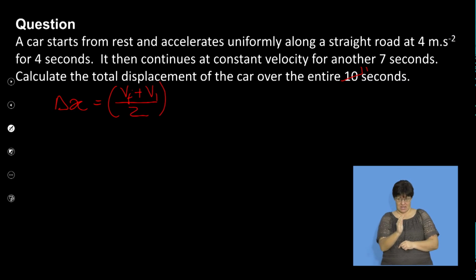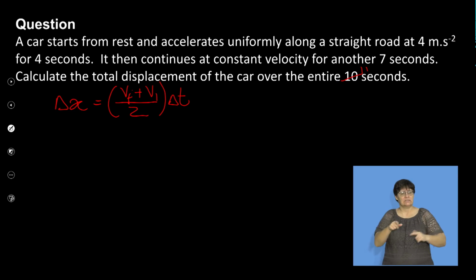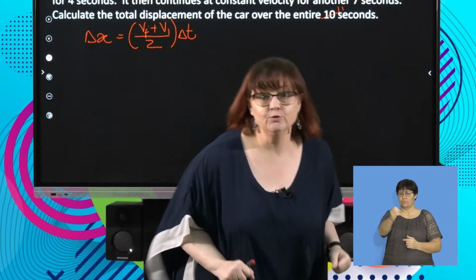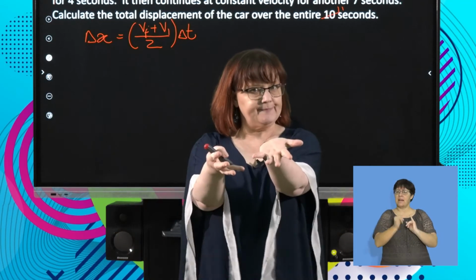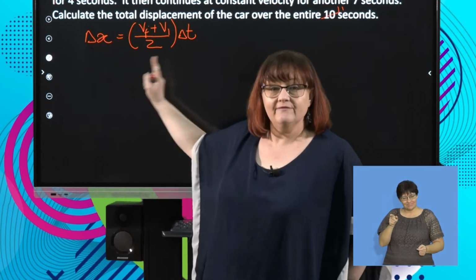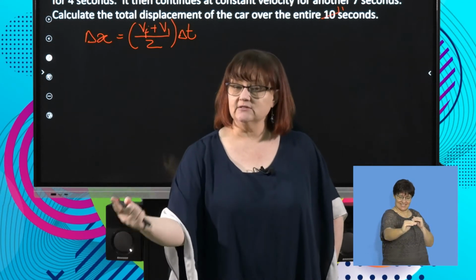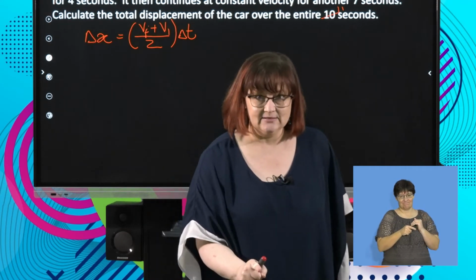Okay? You're going to be very tempted because you're going to go, I know a Vf, we just worked it out, it was 16. I know a Vi, it was 0. And I know a time, it's 11. But remember, this is only valid if the acceleration stays constant, which it doesn't.